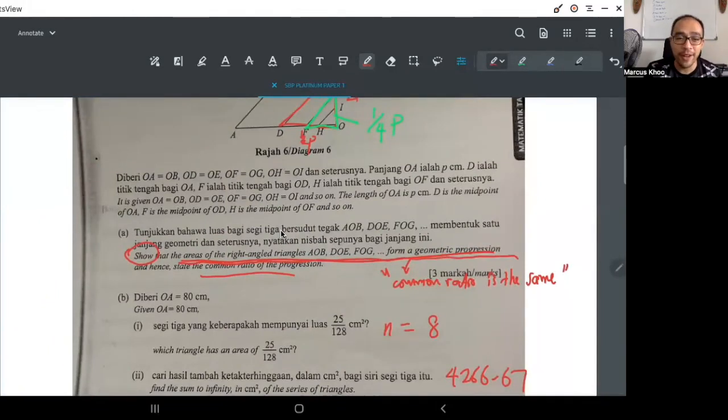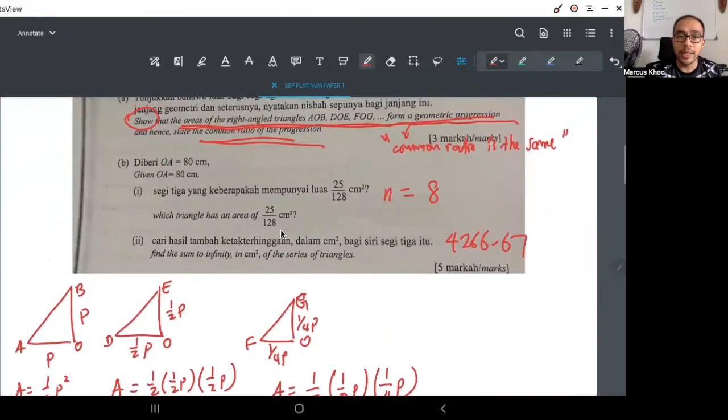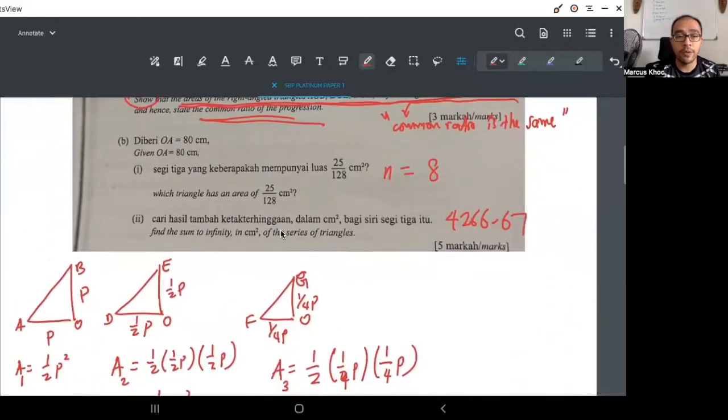It's too long for me to write, I'm very lazy, but you can write that. And then you state the common ratio of the progression. The common ratio is 1/4. So it's quite an easy proof actually. Of course, the hard part will be the triangle, understanding that it's half of a half of a half of a half.